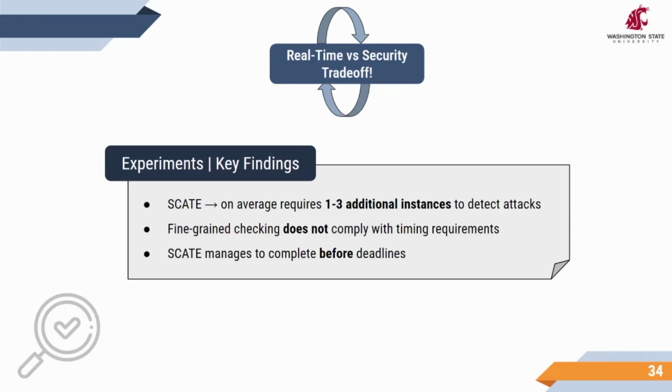So this SKATE idea provides a way to balance between real-time requirements and security requirements, where instead of checking all the commands, we only check a few, at the cost of adding some delay in detecting the intrusion. But again, the selective checking idea manages to ensure the timing constraints are met, and at the same time also tries to maximize the security.